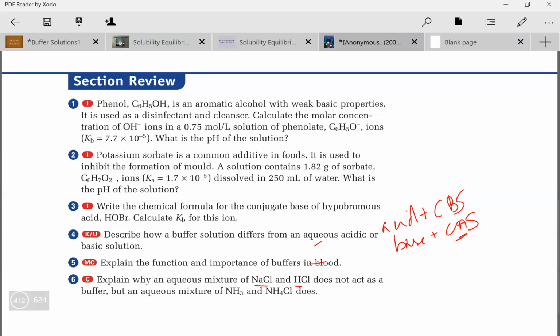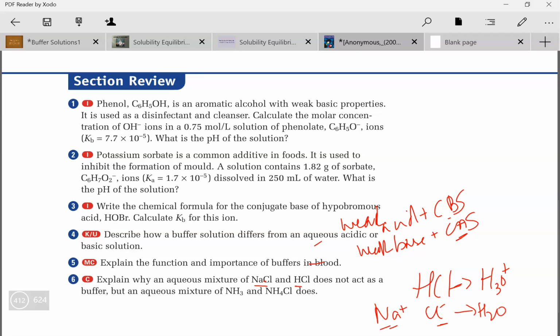NaCl and HCl does not act as a buffer because, even here I should have added, it's always a weak acid or a weak base and its conjugate salt. HCl would dissociate completely in water to form H3O plus. However, NaCl, because Na plus and Cl minus are conjugates of strong bases and acids, they will not react in water, so you won't have that kind of equilibrium where you have both reactants and products to balance the change.